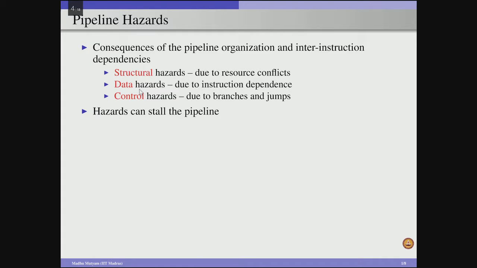Because of these hazards, our normal flow of execution through the pipeline will be disturbed, and as a result there will be some stalls or bubbles created in the pipeline, and that is going to degrade the overall performance.